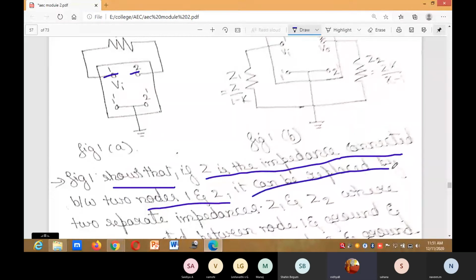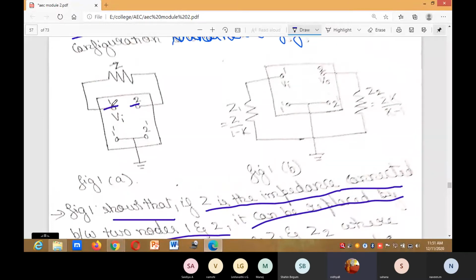It can be replaced by two separate impedances Z1 and Z2. The main intention of Miller's theorem is that we split the impedance or resistance into two parts.